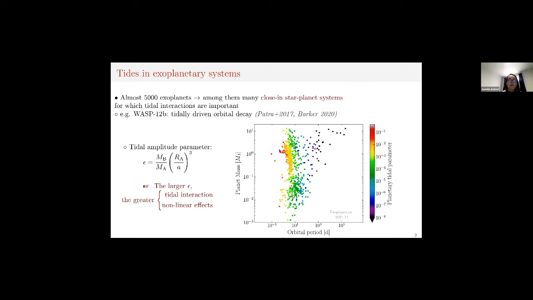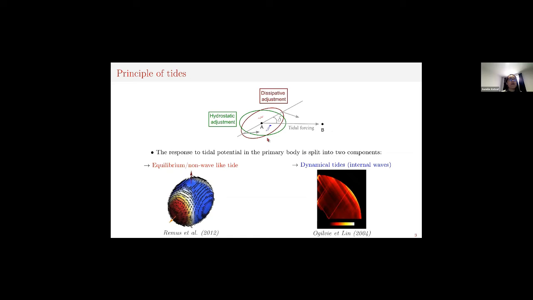And as expected, this ratio is quite important for close and massive planets. The larger epsilon is, the greater the tidal interaction will be, and also nonlinear effects, especially for small scale features like waves, for example.